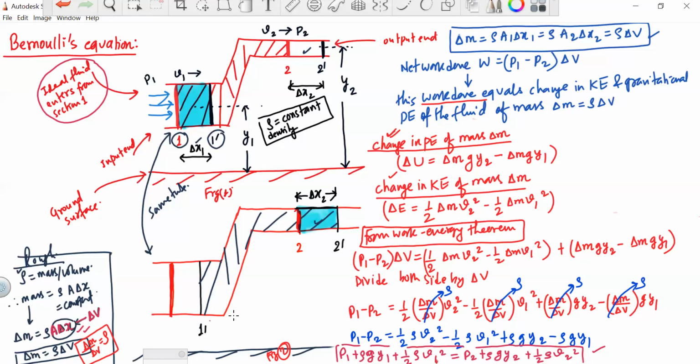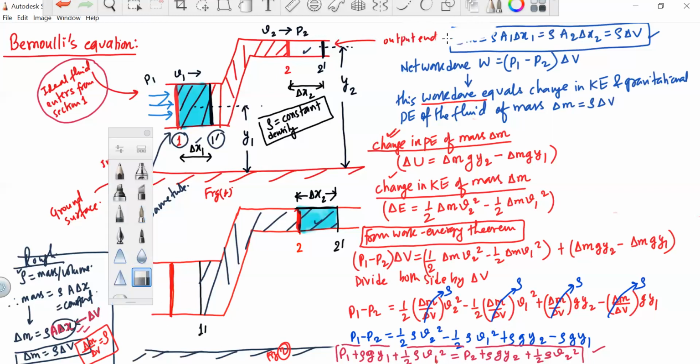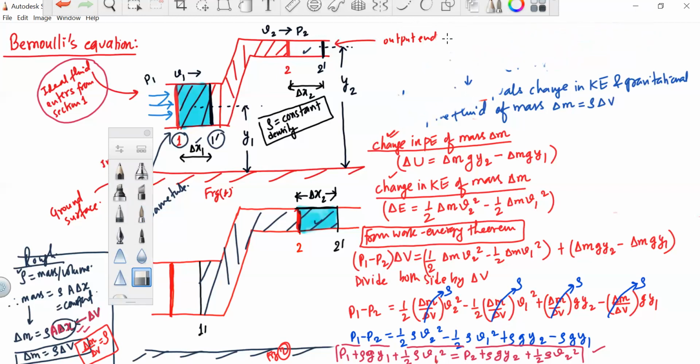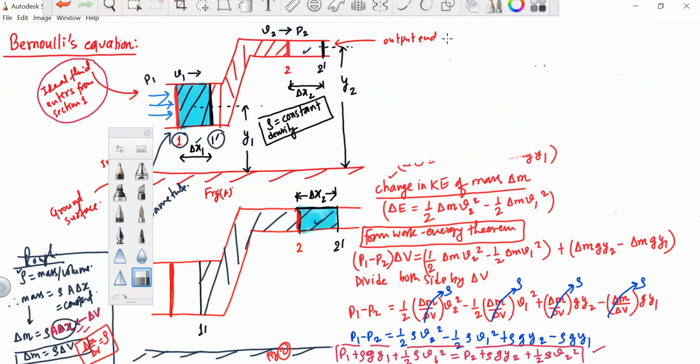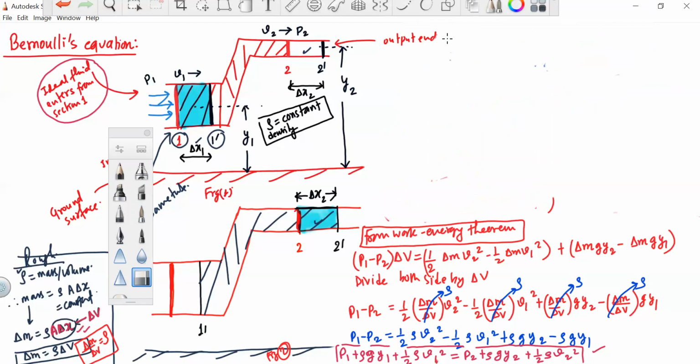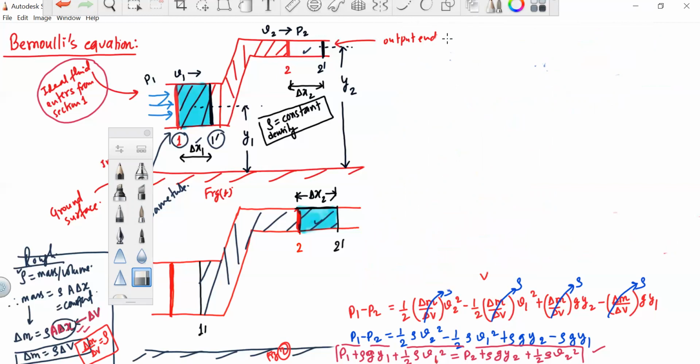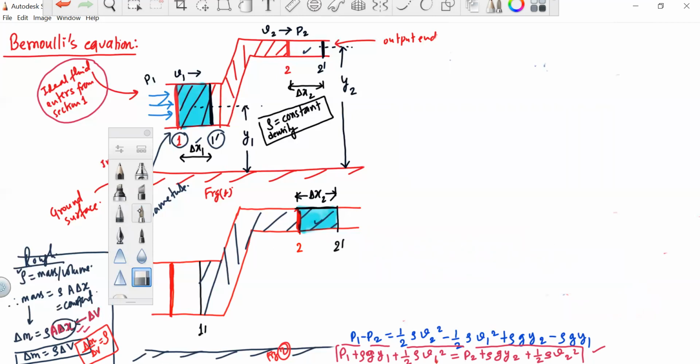We have P1 plus rho g Y1 plus half rho V1 square equals P2 plus rho g Y2 plus half rho V2 square.